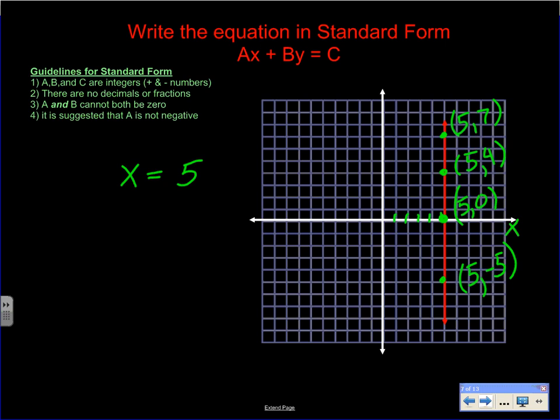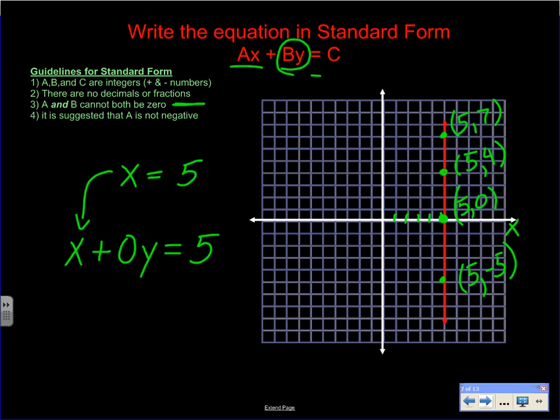Well, you might ask, where's by at? There's no y in this one. If you pay attention to guideline number 3, it says a and b cannot both be 0. So essentially what we have here is x plus 0y is equal to 5.